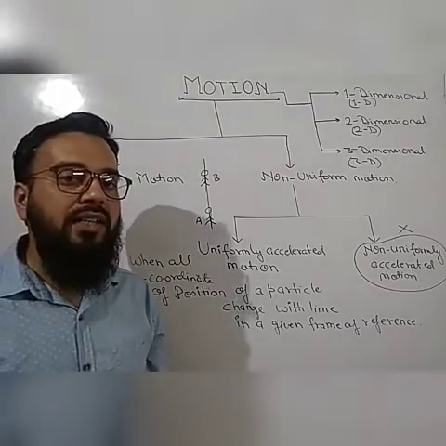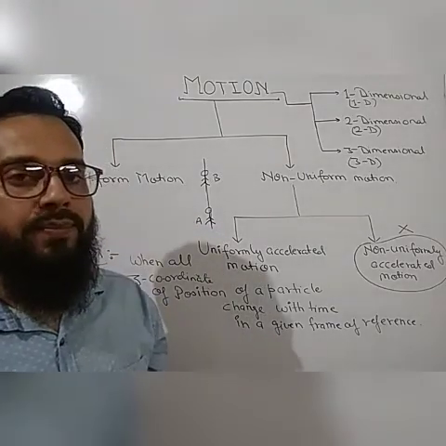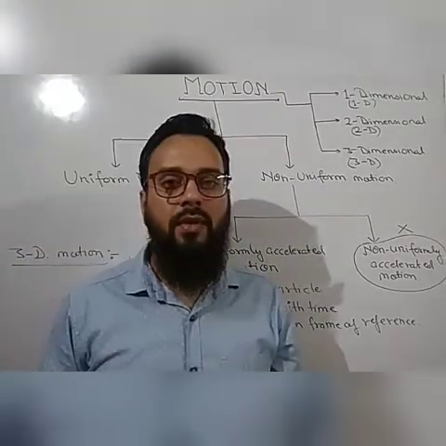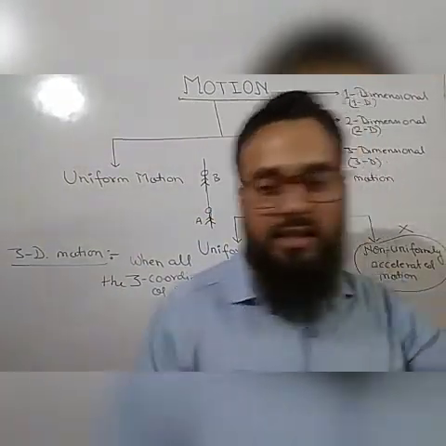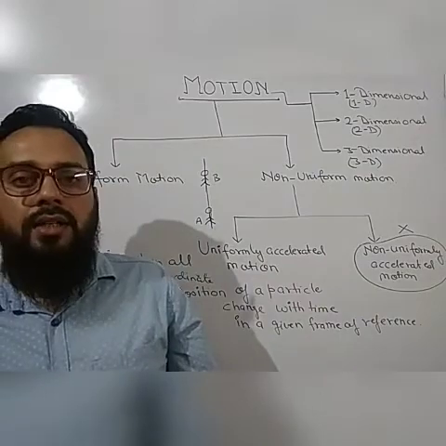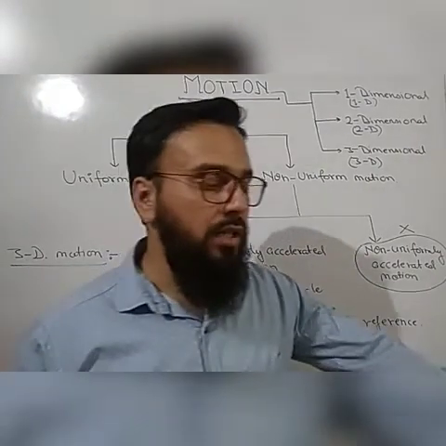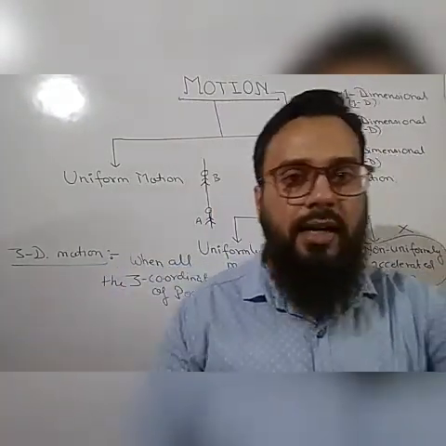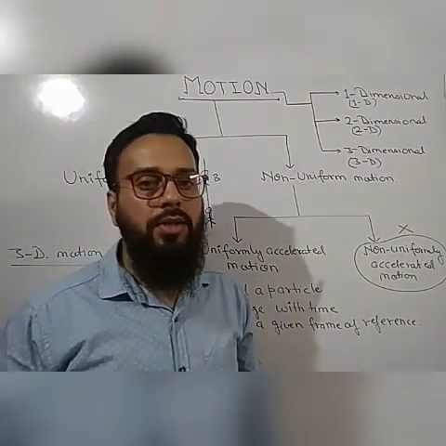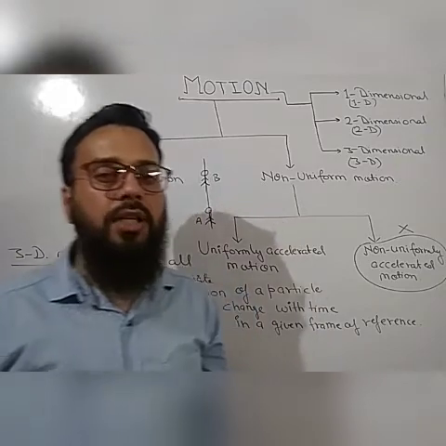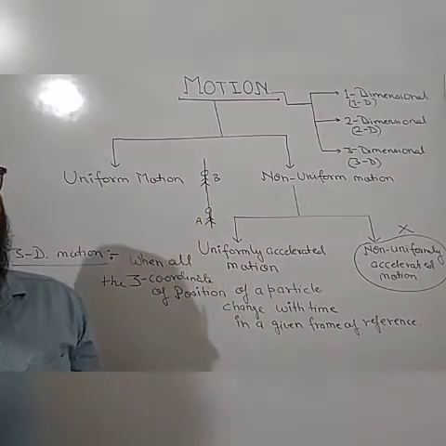But when will it be converted to three-dimensional? If I start jumping here and there, starting from this point and jumping to that point, then jumping to this one there, it means my x coordinate is changing, my y coordinate is changing, and my z coordinate is also changing. So that motion is said to be three-dimensional motion.